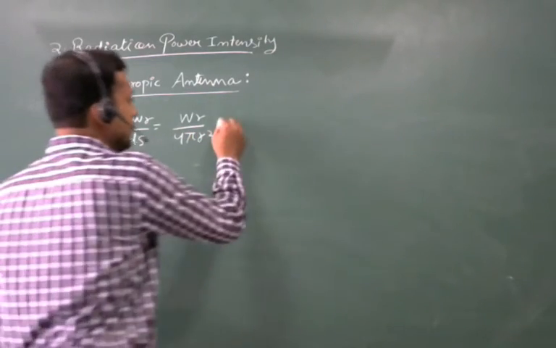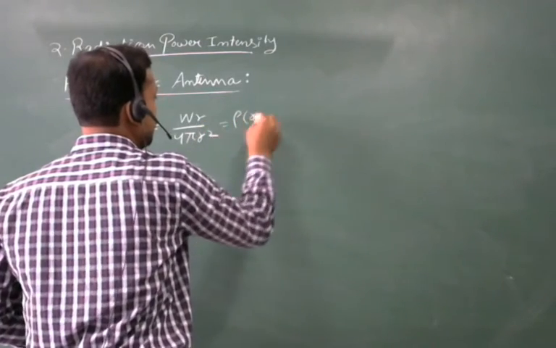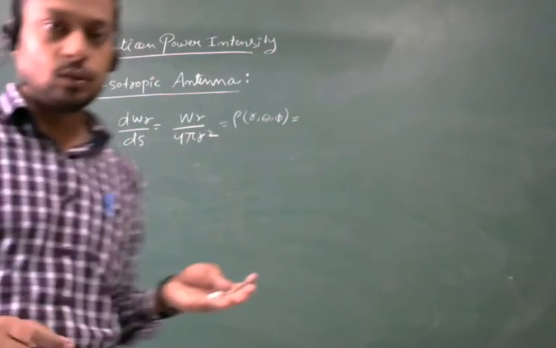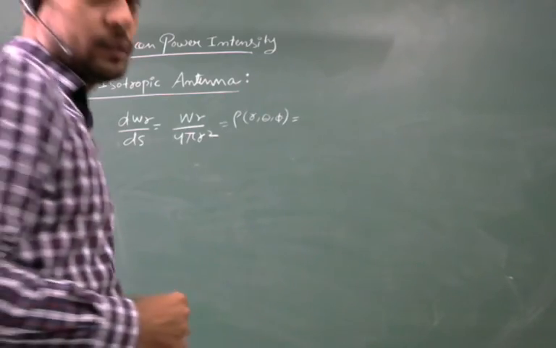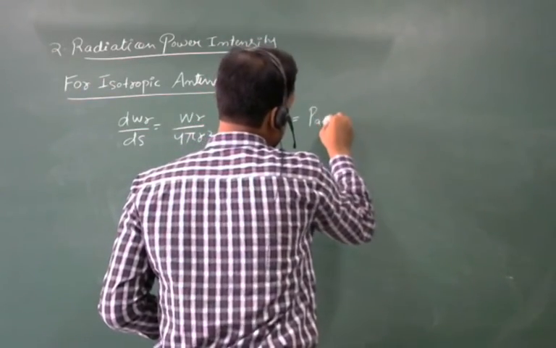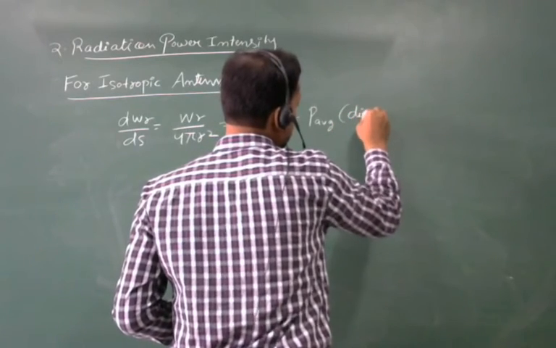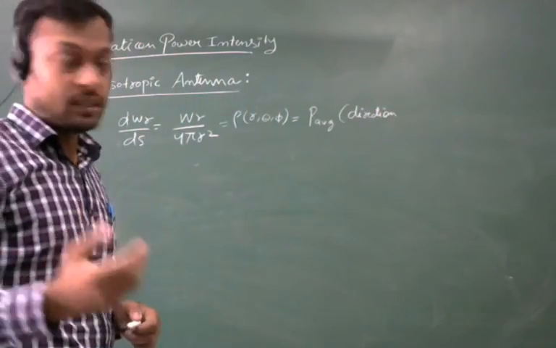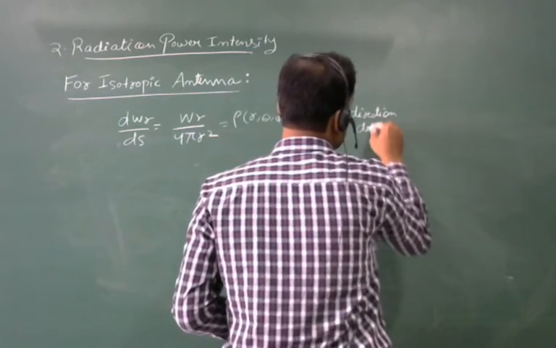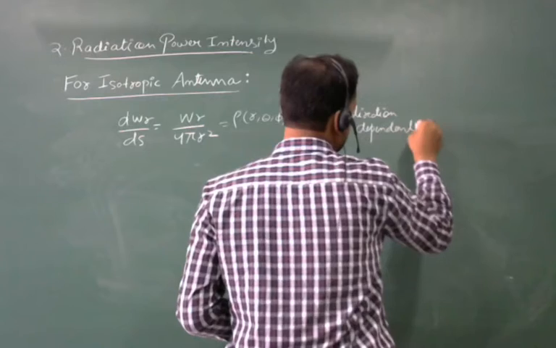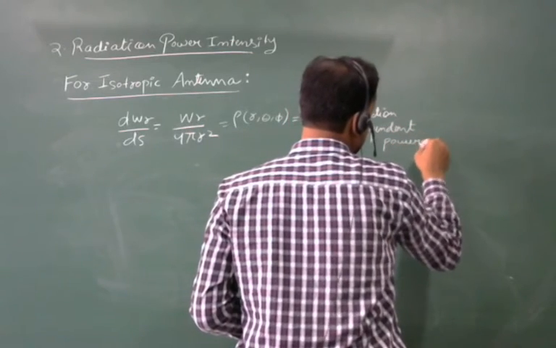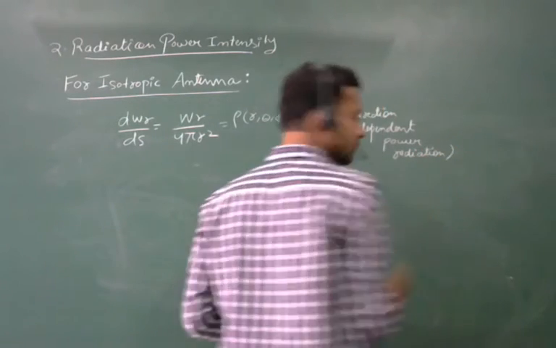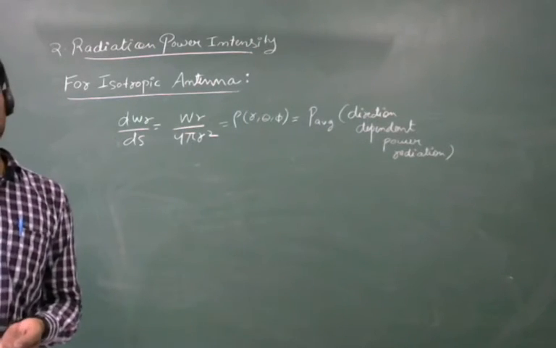This is P in magnitude, r, theta, phi, and this is also an average power, that is direction dependent power radiation.